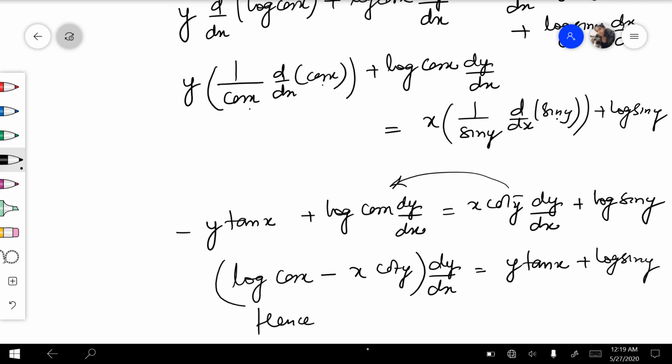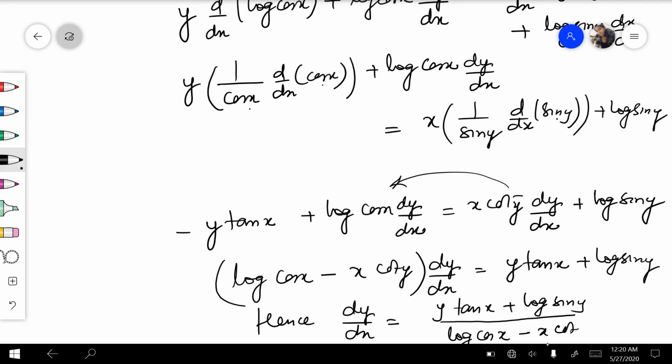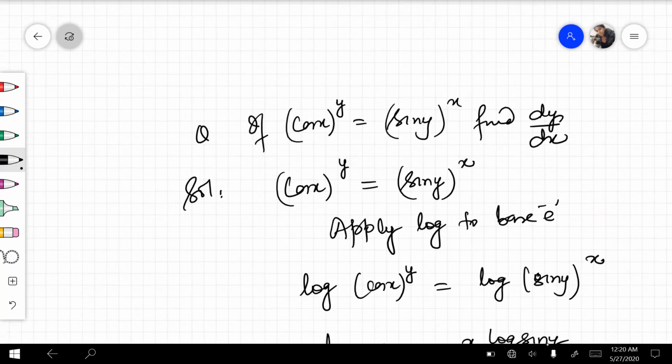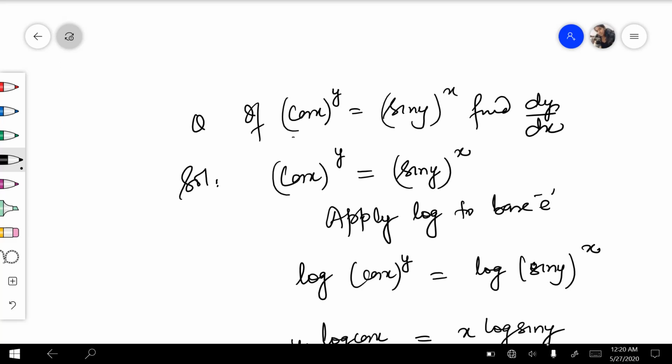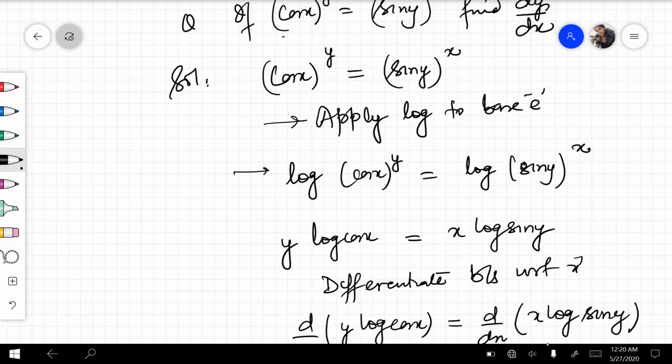Hence dy upon dx is equal to y tan of x plus log of sin y upon log of cos x minus x cot y. Suppose the same question is to be answered objectively. We have to apply this step, we have to simplify this thing.